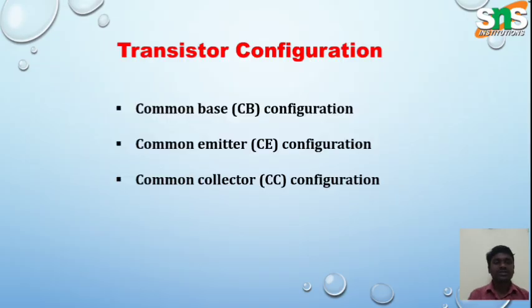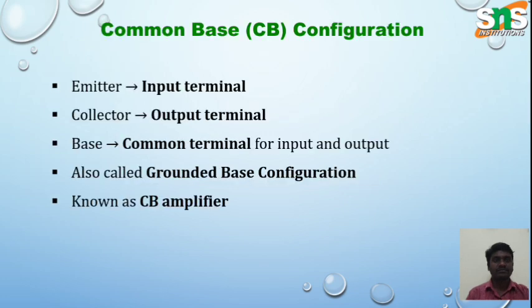For transistors, there are three different modes or configurations. One is the common base configuration, another is the common emitter configuration, and the third is the common collector configuration. One by one we will discuss. First, we will discuss the common base configuration.